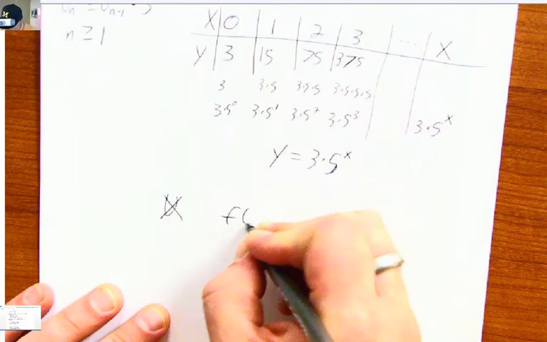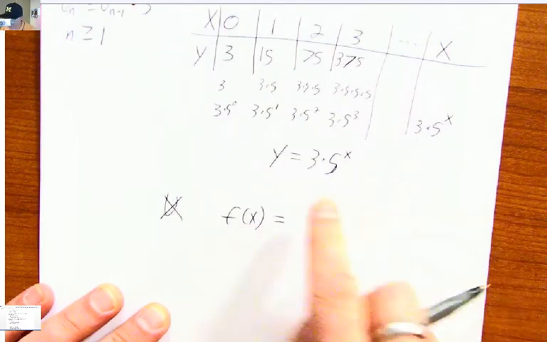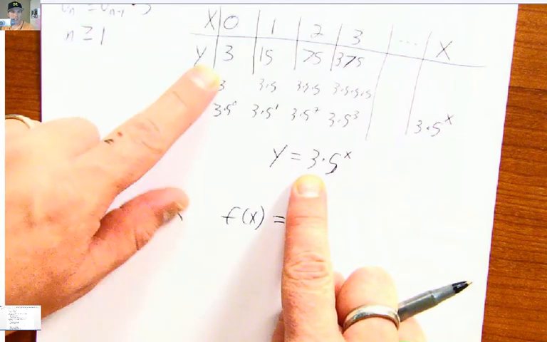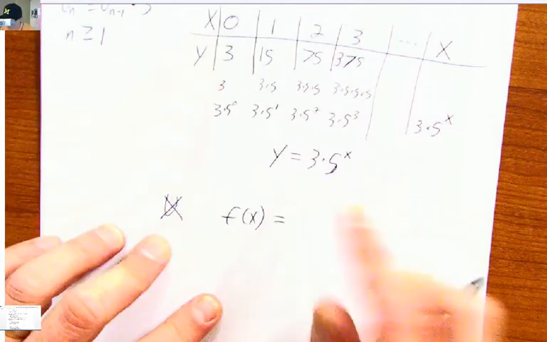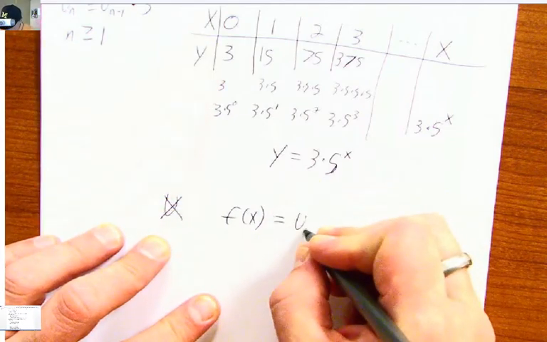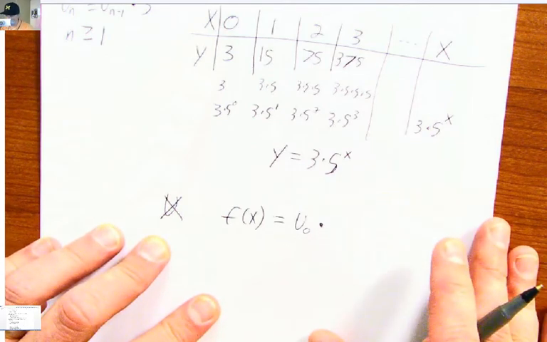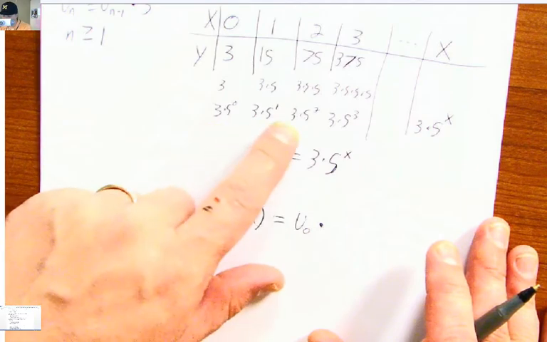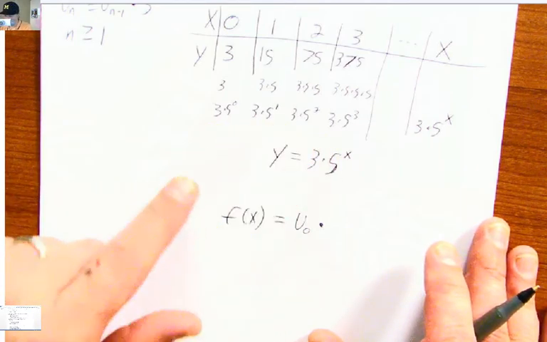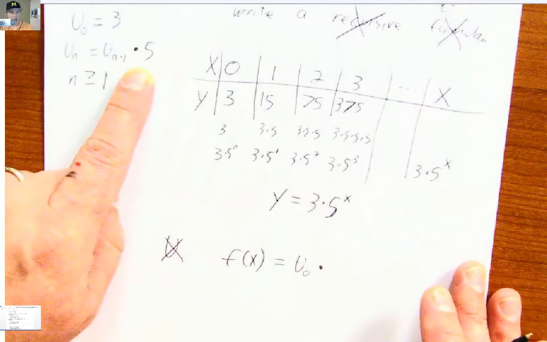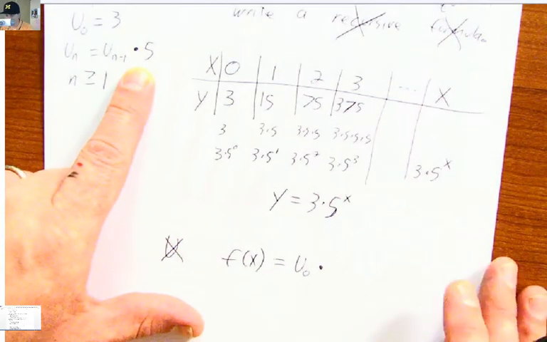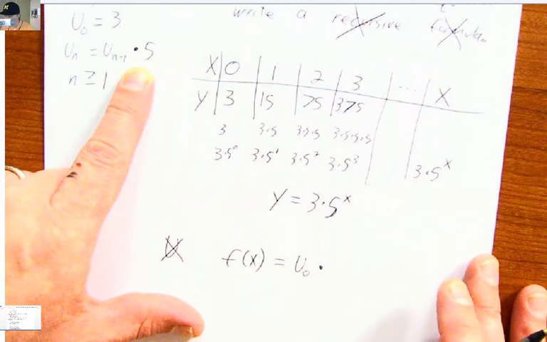f of x is equal to, this 3 represents the 0th term, so u0, times this 5, that's the multiplier, because we're multiplying it by 5. So what would I put for that? I'd put our common ratio.